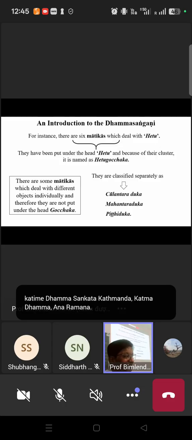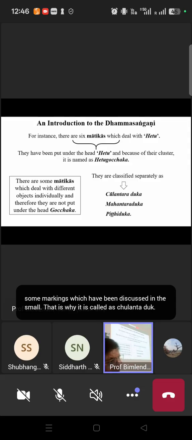Like these, the Matikas have been discussed here. So there are 6 Dukmatikas discussed in the Chulantara. There are two words, Chula and Antara. Chula means small, Antara means a gap. In between two Gochakas, there are some Matikas discussed in a small gap. That is why it is called Chulantara Dukha.